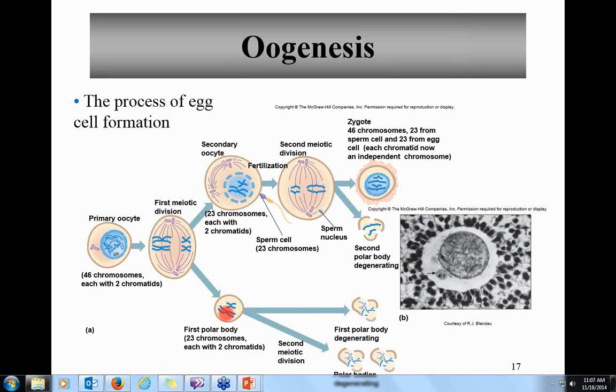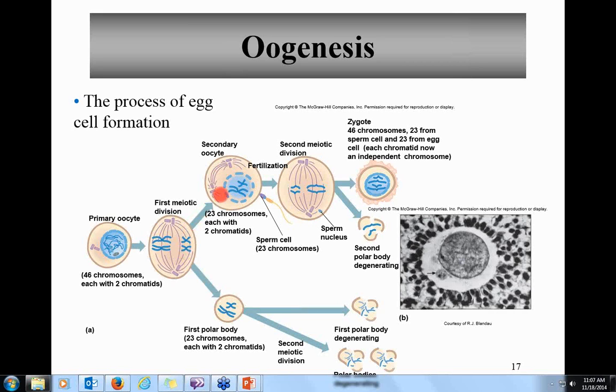You can think of a polar body as just a nucleus, just containing DNA, and this is going to get reabsorbed into the body. And this will also undergo a second division, but these will, as you can see, disintegrate. So polar bodies are kind of unused genetic material, if you will.